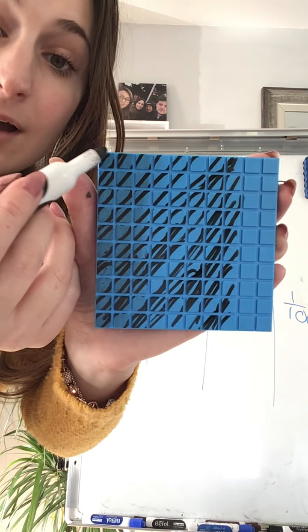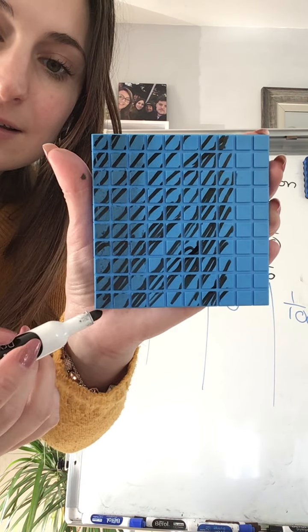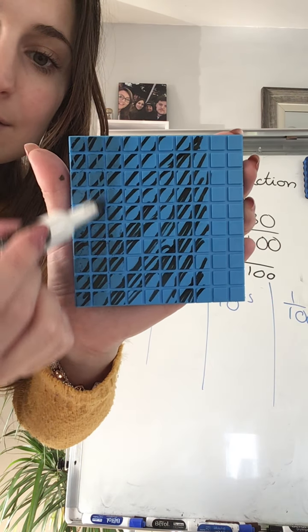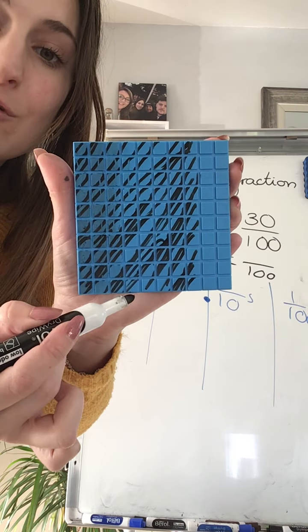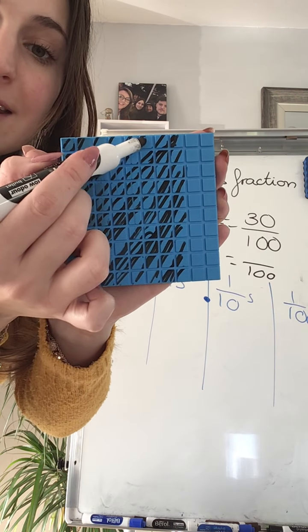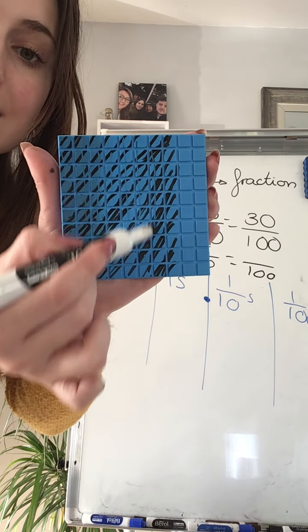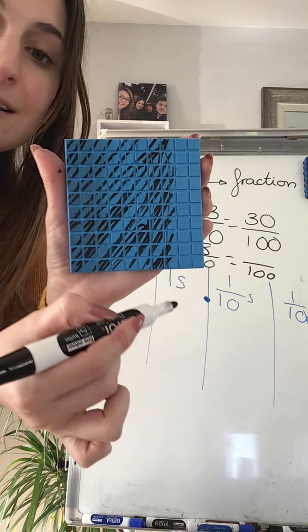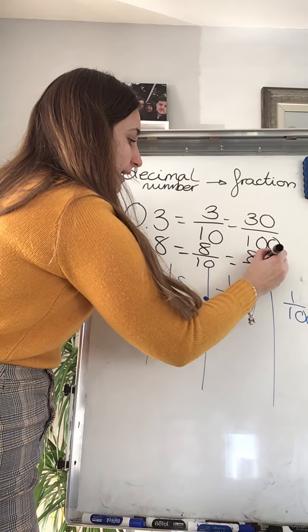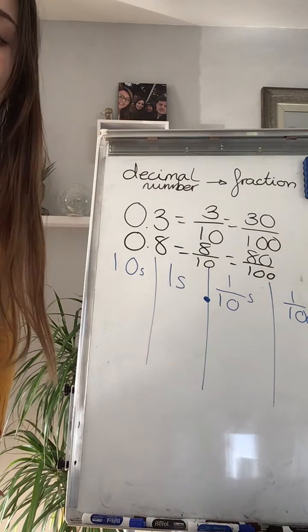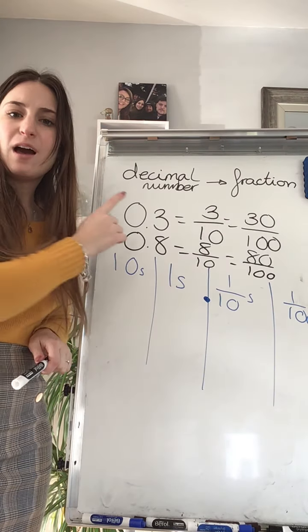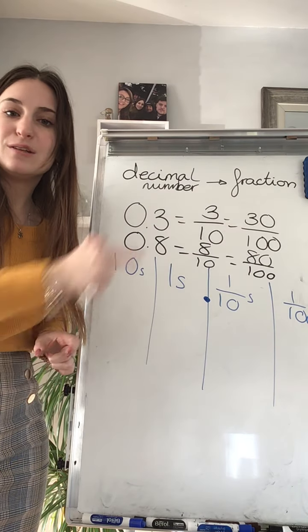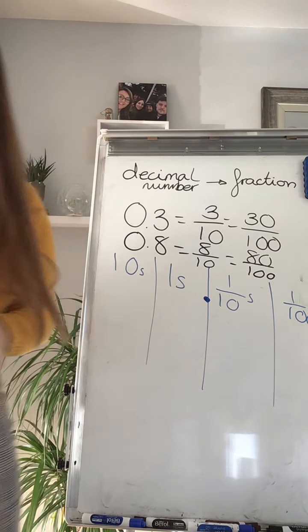If 1, 10 there, 20, 30, 40, 50, 60, 70, and 80 hundredths. You got it! Really easy, isn't it? Today's lesson, wow! How to change decimal numbers into an equivalent fraction, really simple.